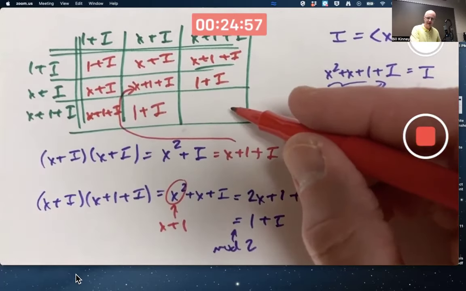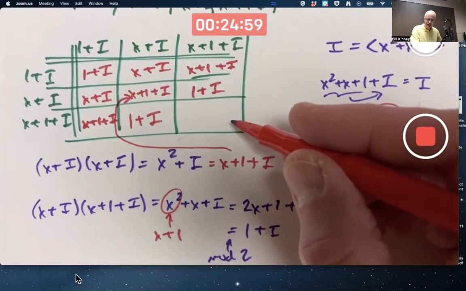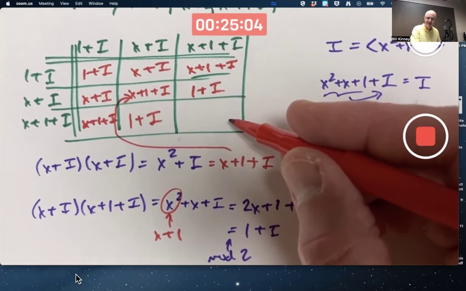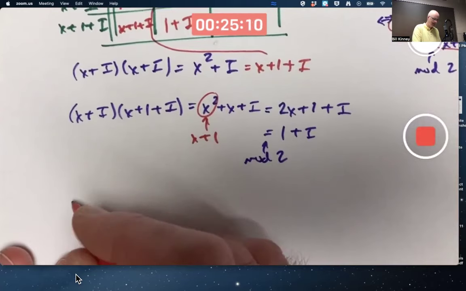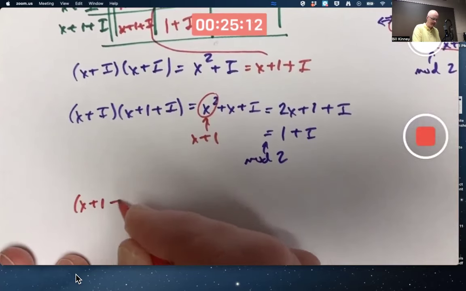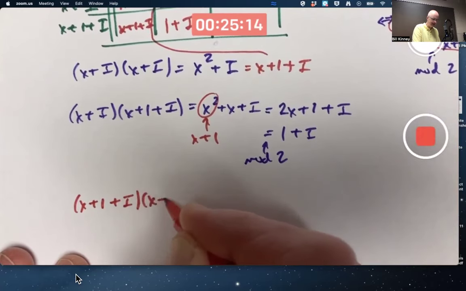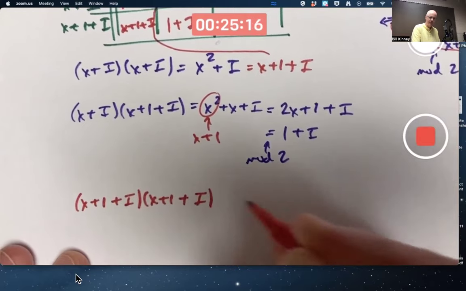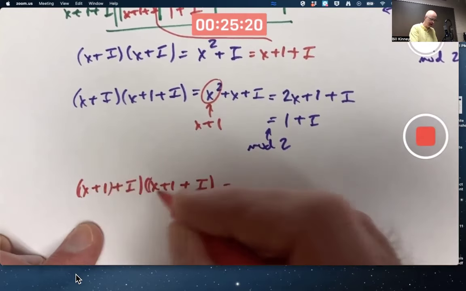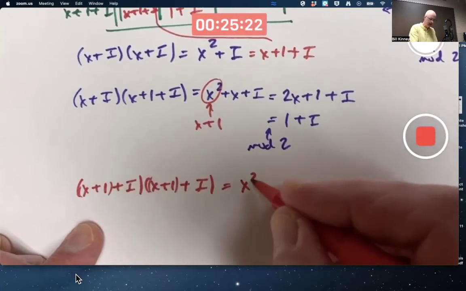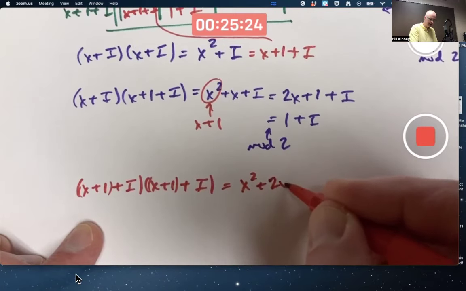What about what goes there? If you think about it, without even doing a calculation, it's got to again be the other non-identity element. It's got to be x plus I. Let's check that one. If I take x plus 1 plus I and multiply it times itself, by foiling the representatives here, x plus 1 times itself is x squared plus 2x plus 1.